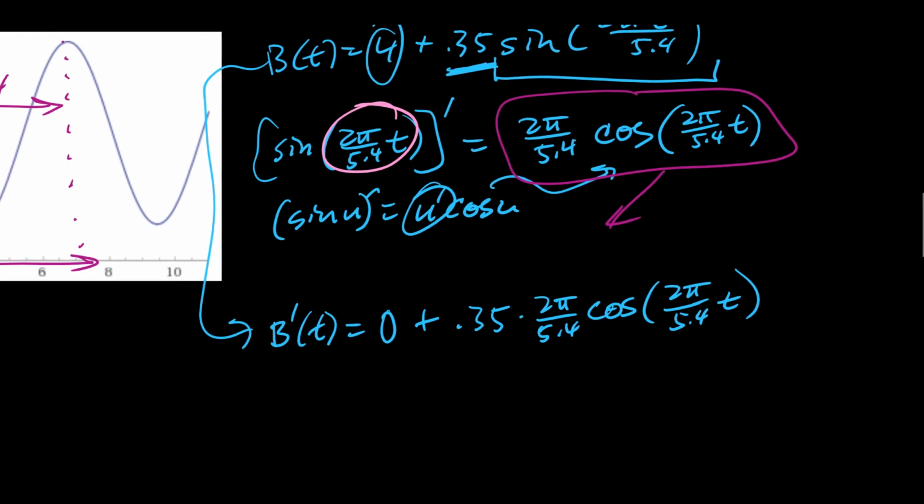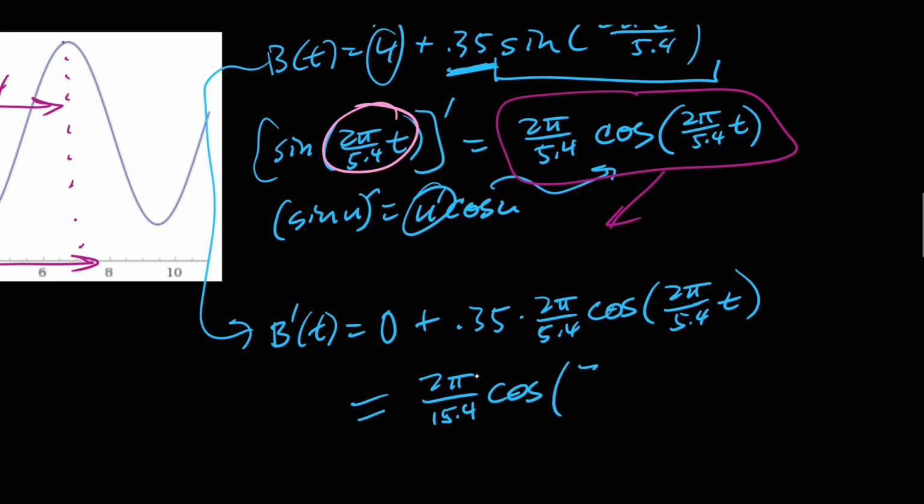And so when you do the math here, you get 2 pi over 15.4 times the cosine of 2 pi over 5.4 t, like that. So that's b prime of t.